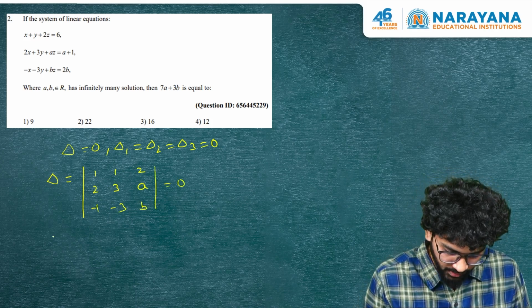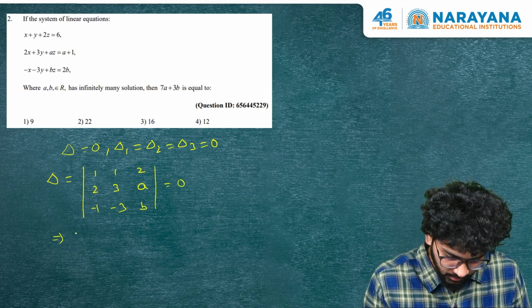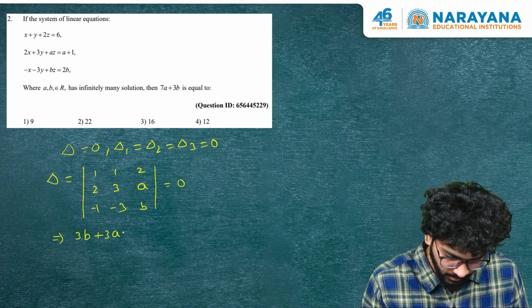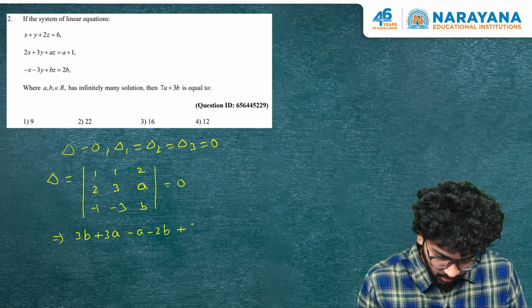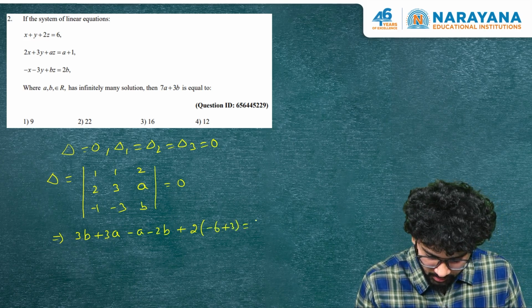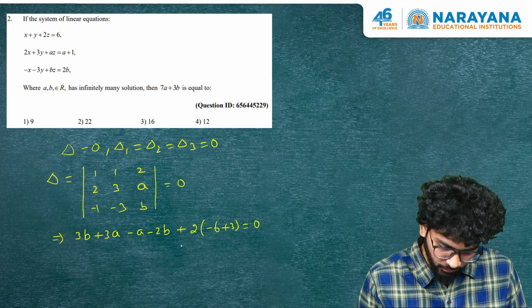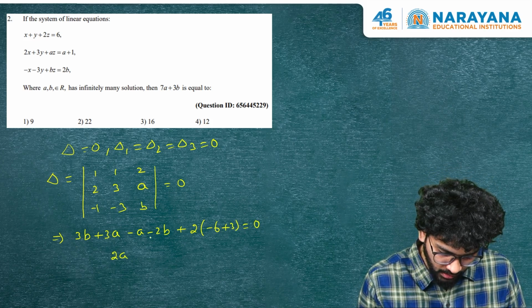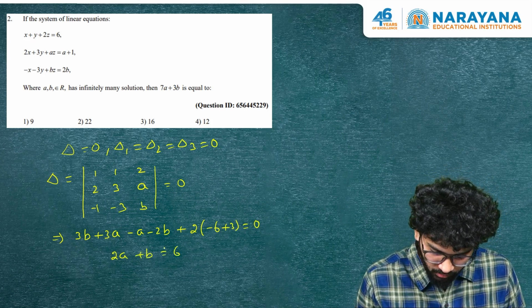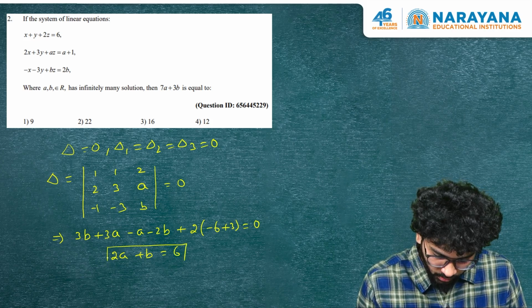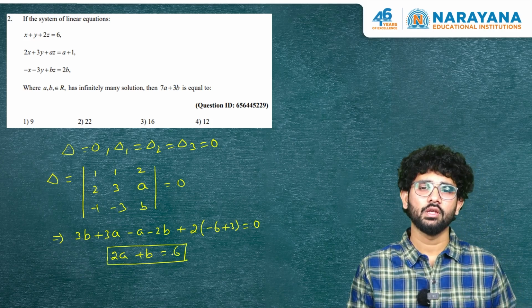So if I simplify this, we are getting 3b plus 3a minus a minus 2b plus 2 times of minus 6 plus 3 equal to 0. So if you simplify this, you are getting 2a plus b, 2 into minus 3 minus 6, which is equal to 6. So this is one equation in terms of a and b.